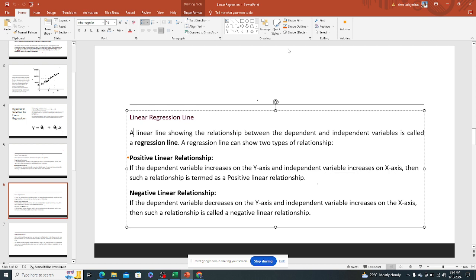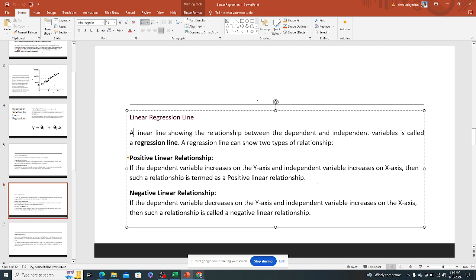They are both increasing. Then for a negative linear relationship, you can see the dependent variable is decreasing on the y-axis while the independent variable is increasing on the x-axis. One variable is decreasing as the other is increasing.